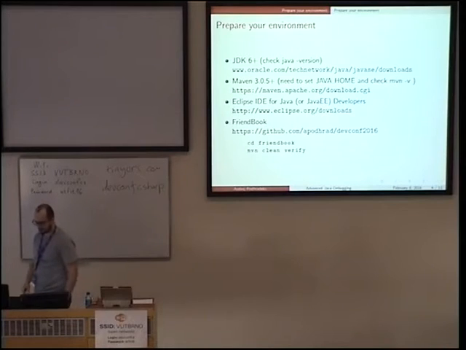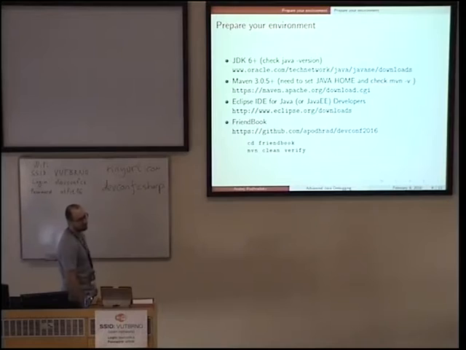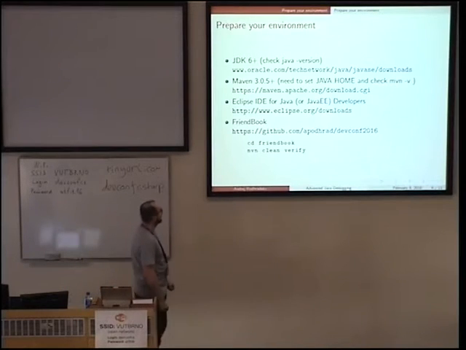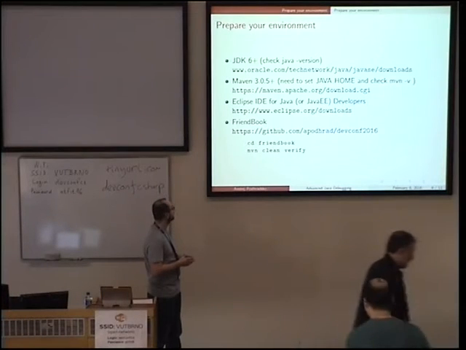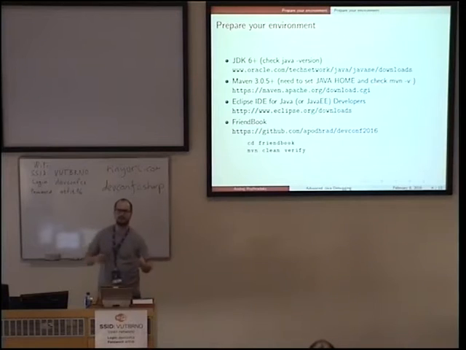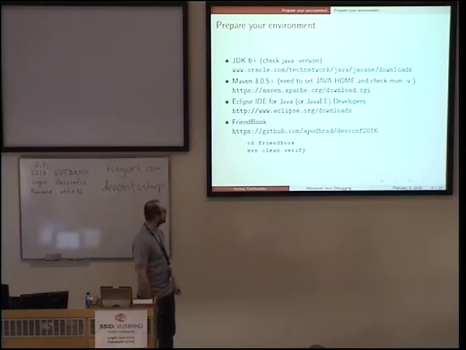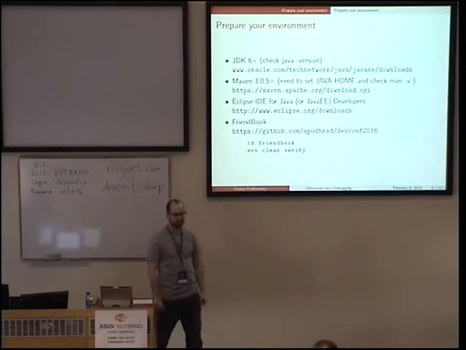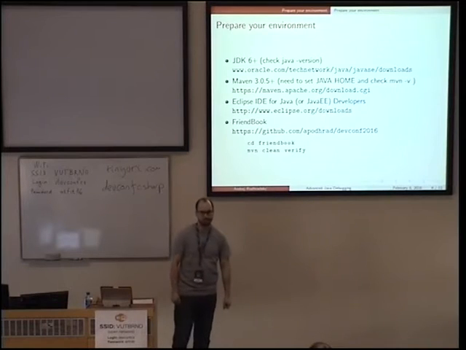And finally, we will need Eclipse IDE for Java or JavaEE developers. During this workshop, we will use the Friendbook application, which is very simple, and it's not necessary to get the whole logic of this application. It is available on my GitHub, as well as all these slides together with the application.